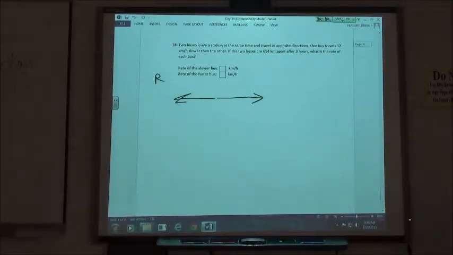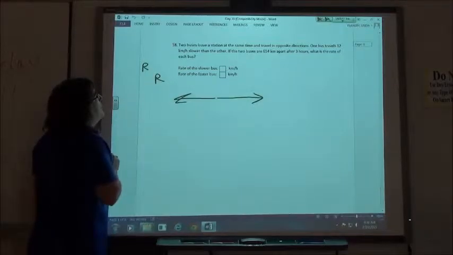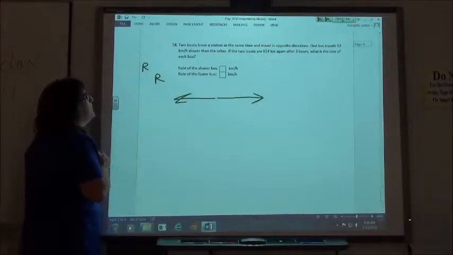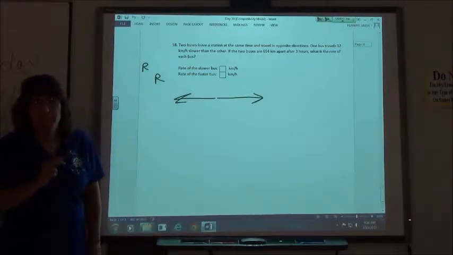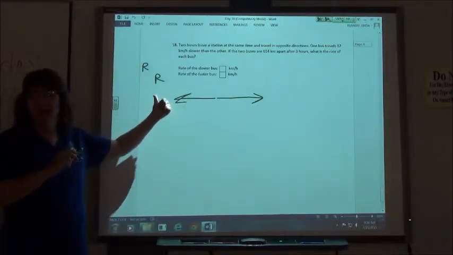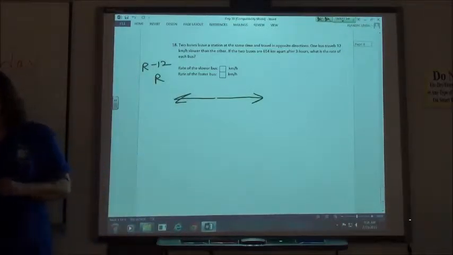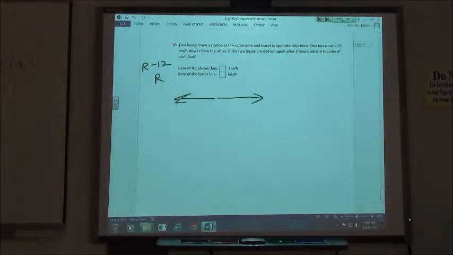The other one's going 12 kilometers per hour slower. So R minus 12, right? And that would obviously be the slower one.